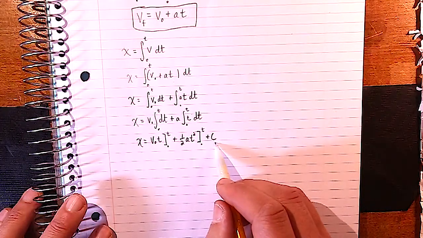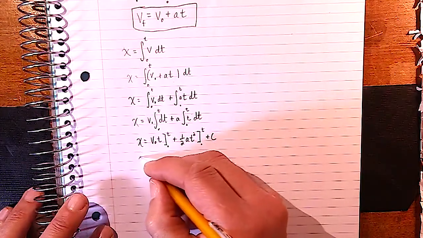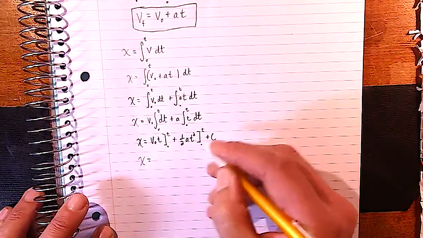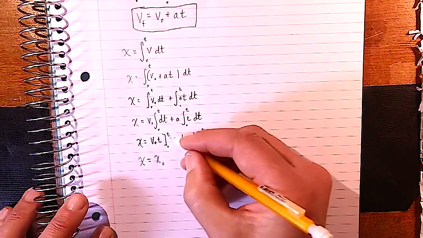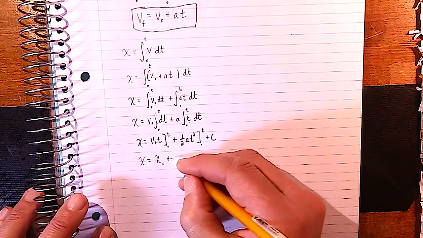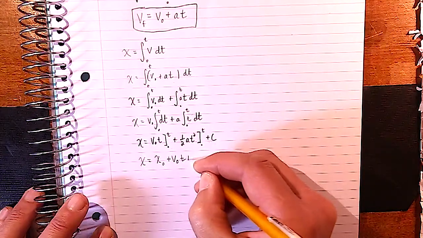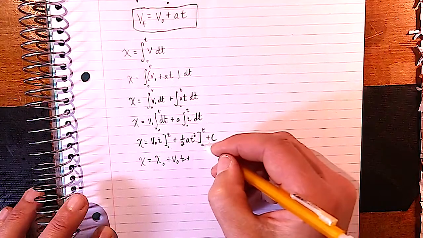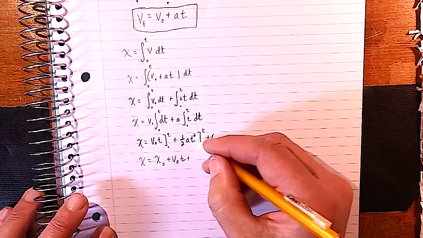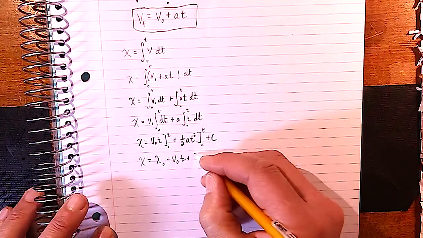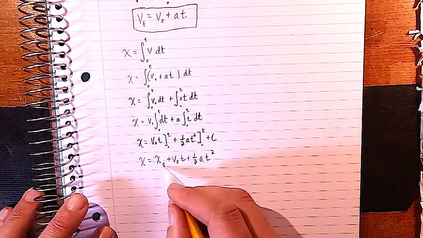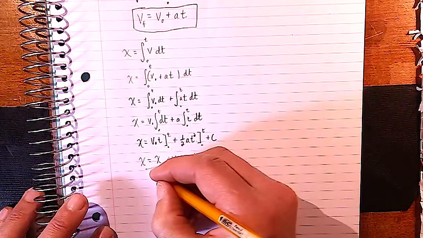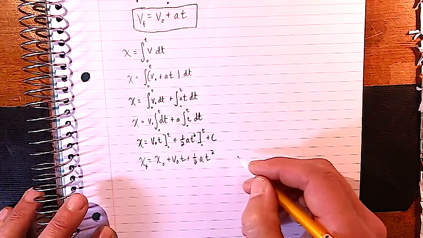That would be the position that we start at. So we could rewrite this as our constant, x0, and then v0 t minus 0 would just be v0 t, and 1/2 at squared from 0 to t would just be 1/2 at squared minus 0, so that would be 1/2 at squared. Now, this is our initial position, so x here is our final position.